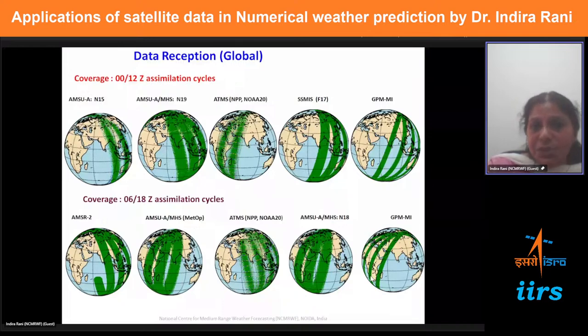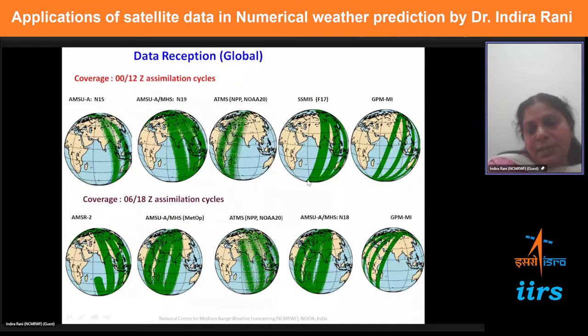So if you see the global data reception, we do the assimilation in four assimilation cycles, a 6-hourly intermittent assimilation cycle, at 0, 6, 12 and 18 UTC. If you see the top panel, this is the coverage of the data during the 0 and 12 UTC assimilation cycles. Here I am mainly showing the microwave data coverage: AMSU-A, MHS, then ATMS, SSMIS, GPM, all those are there.